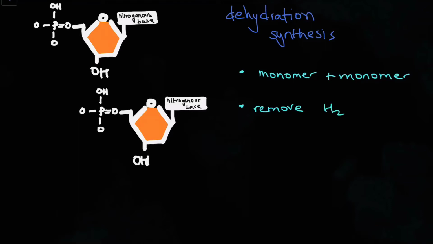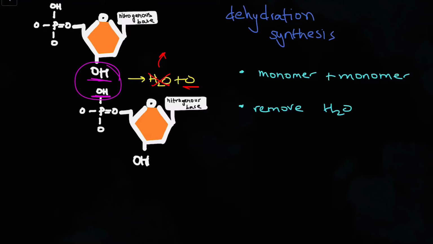So you remove H2O. In this case, the hydroxyl bonded to the 3rd carbon of the first nucleotide, and the hydroxyl in the phosphate group of the second nucleotide combine to form a water molecule and an extra oxygen. Now the water molecule leaves, and the oxygen is left behind to bind the 2 nucleotides together.